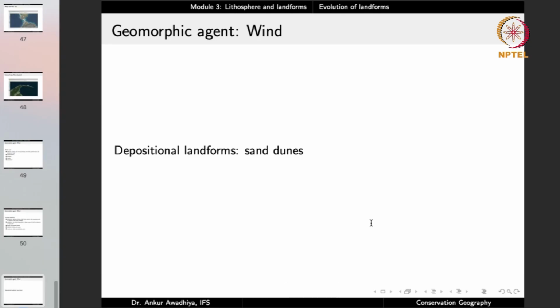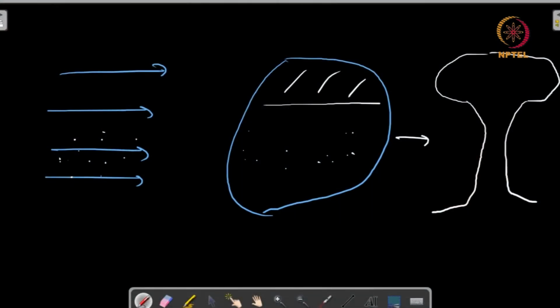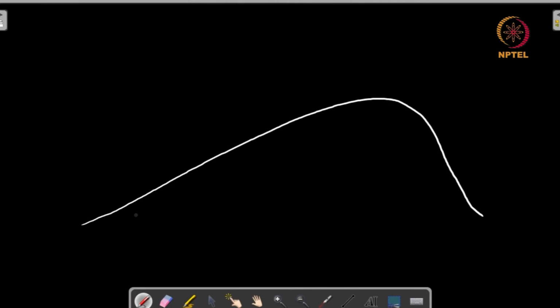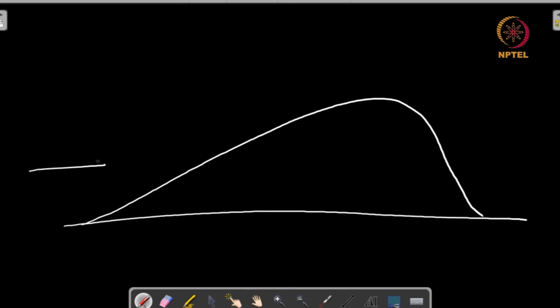And when this material is carried, it will be deposited somewhere, and it is deposited in the form of sand dunes. So what happens is that if we consider a sandy area like this, this is the example of how a dune gets created. So you have winds that are blowing like this. Now the wind will be carrying the particles here, dropping them here, carrying a particle here, dropping it here, carrying a particle here, dropping it here.